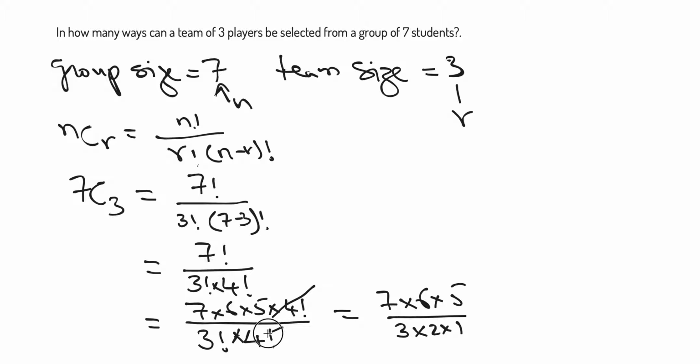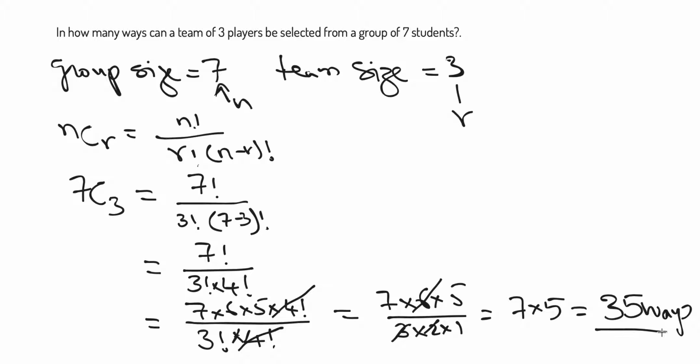I'm crossing this 4 out, 4 factorial, and I'm left with this. Here I see 6, and these 3 and 2 will go away, and I am left with 7 times 5, and that is 35 ways. So that's what we get.